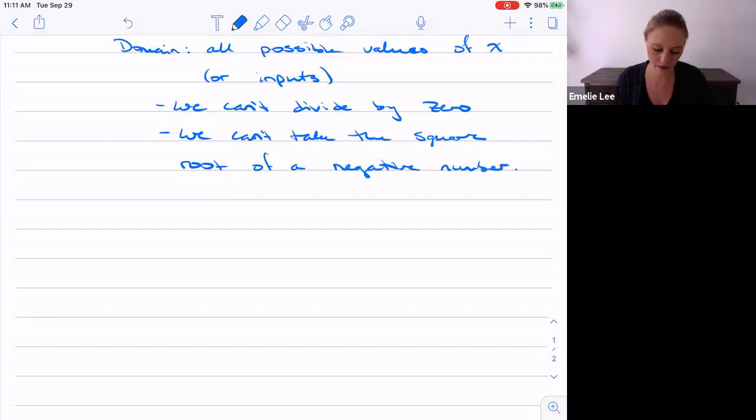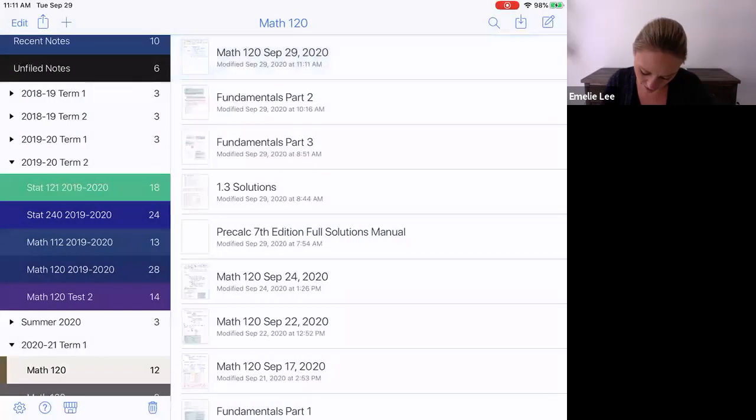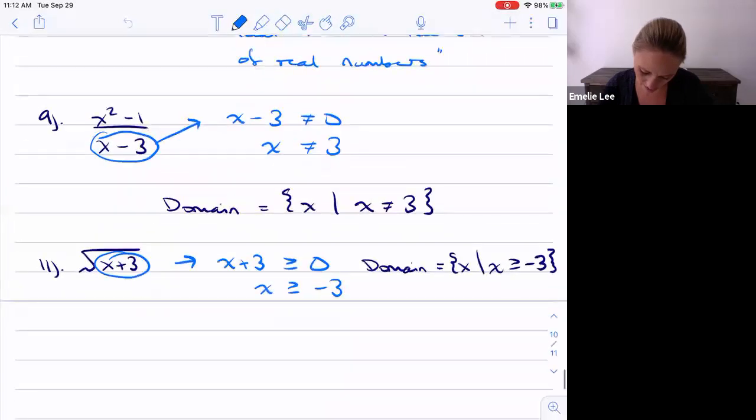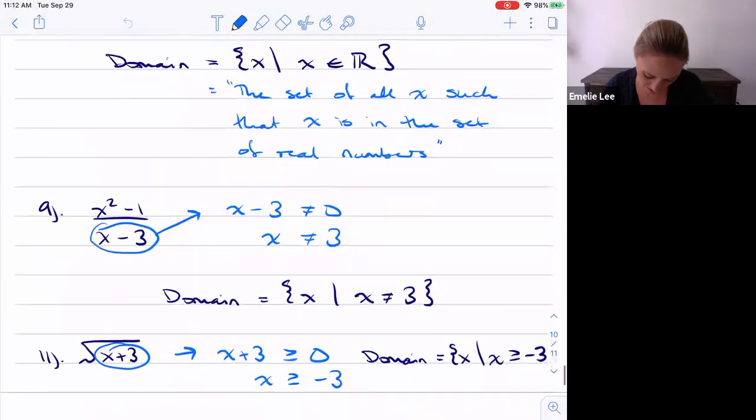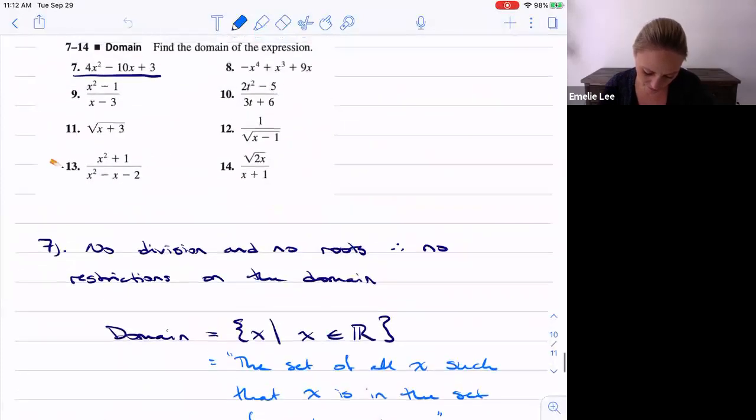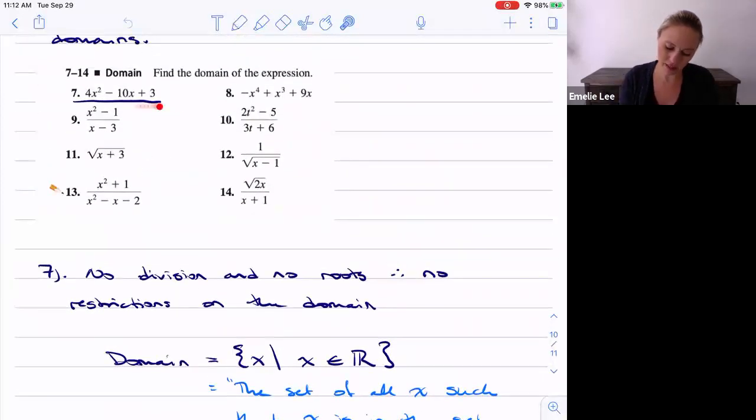Okay. So just going back to our notes from last day, we worked through a couple of these. We worked through 7, 9, and 11 from here.